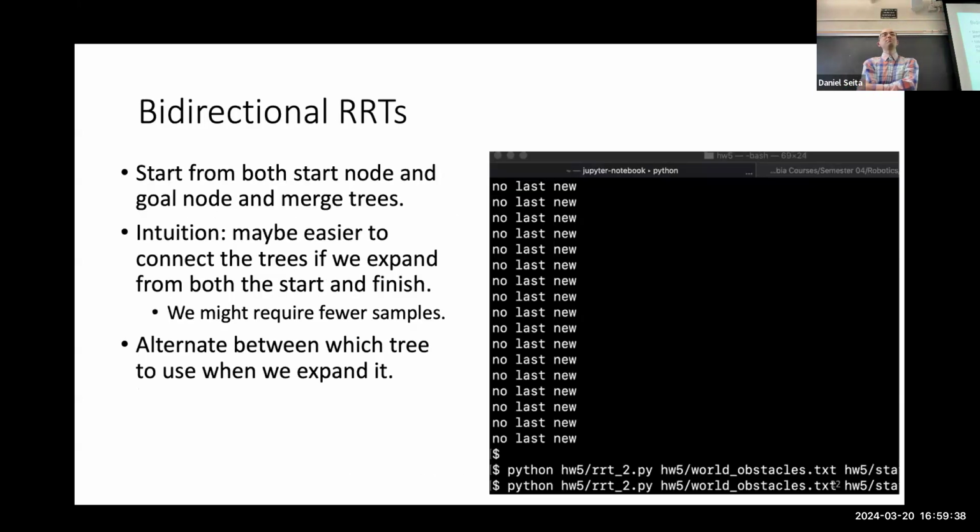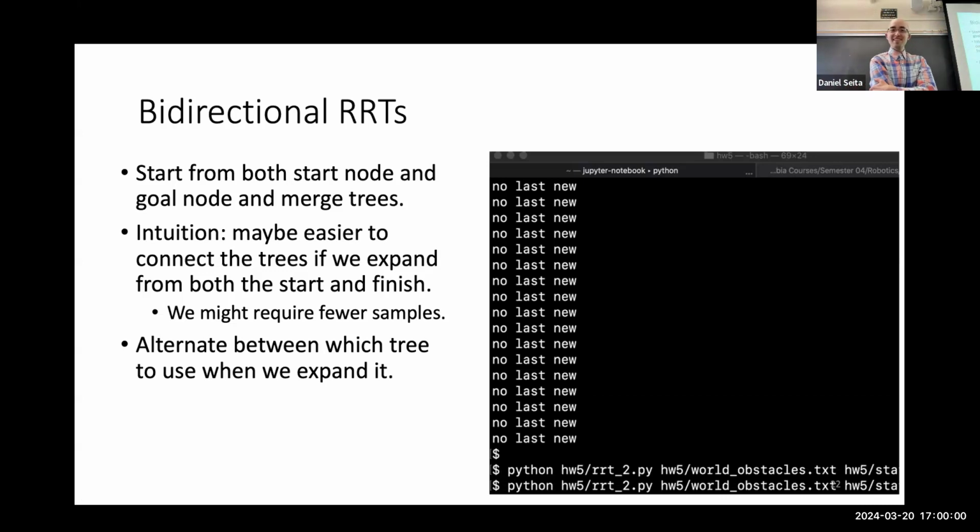All right, bidirectional RRT. If there's any variant of RRT that I think is important, it would be either this one or RRT star. In fact, if you look at this, it says homework 5, RRT2. So look forward to homework 5 then.